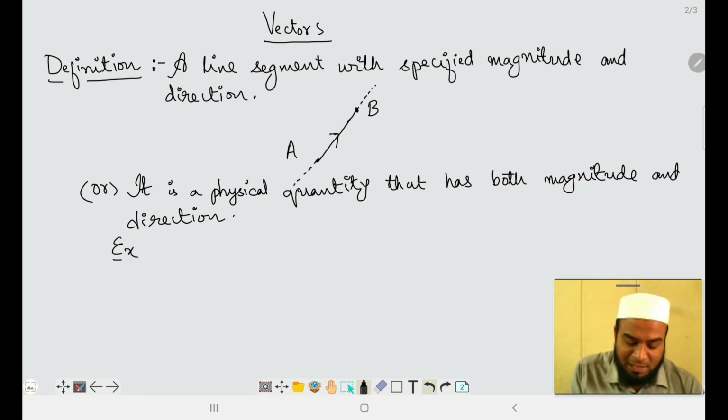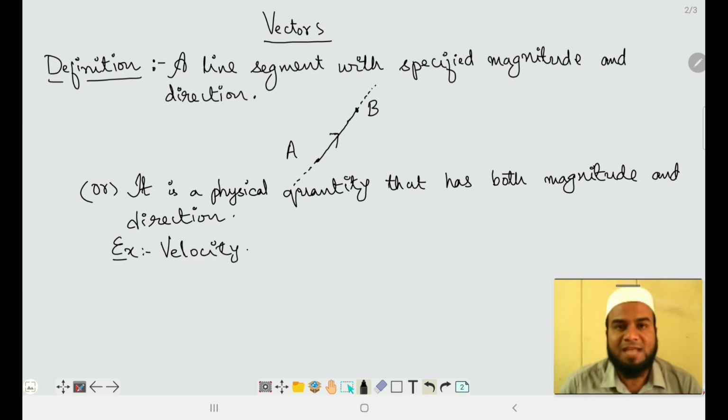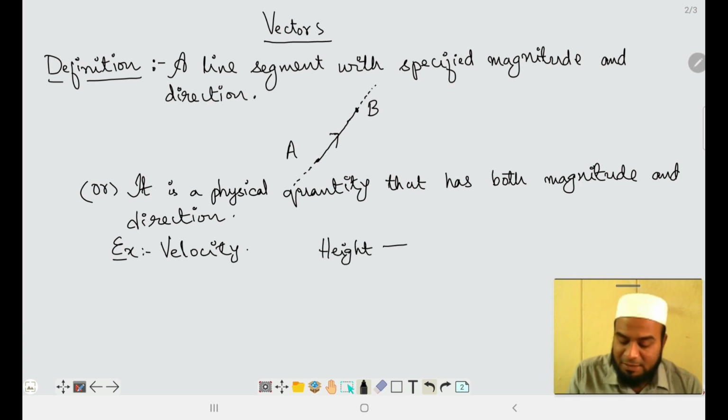Examples: consider velocity. You can say that a vehicle is traveling with so and so speed in some direction. So velocity is a vector quantity because it has both magnitude as well as direction. Whereas if you consider height, then height has only magnitude but no direction.